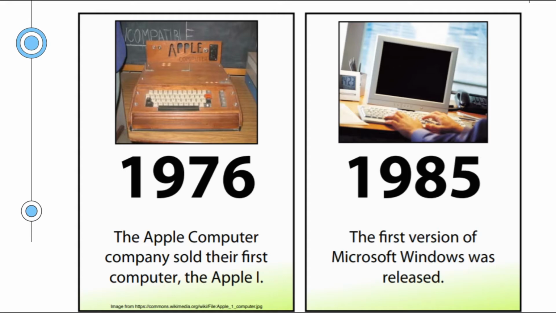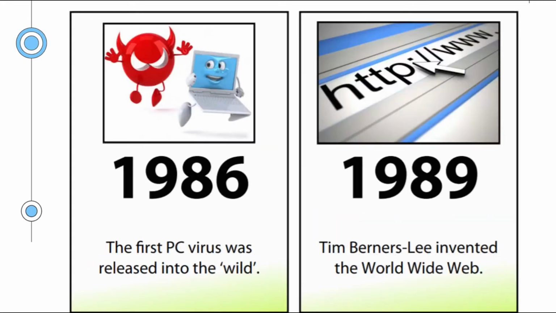In 1976, Apple, the computer company, sold their first computer, the Apple I. And in 1985, the first version of Microsoft Windows was released. In 1986, the first PC virus was released into the wild.